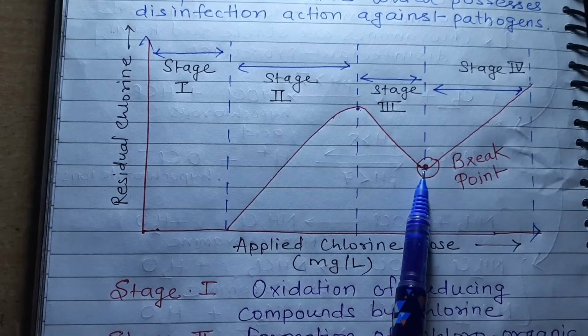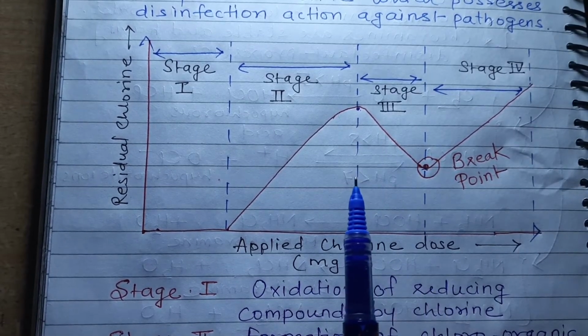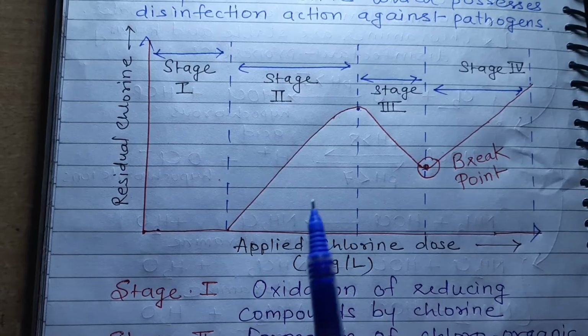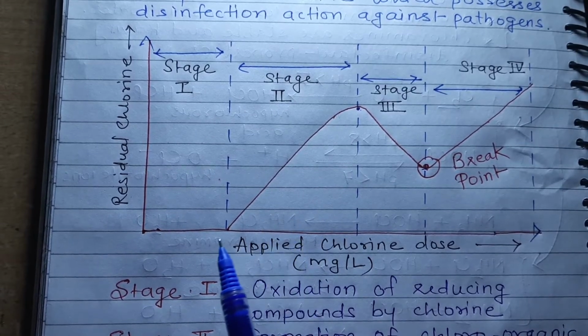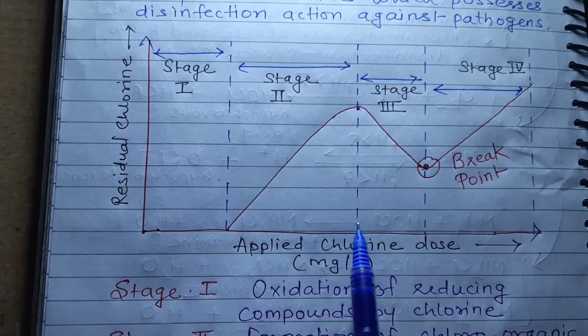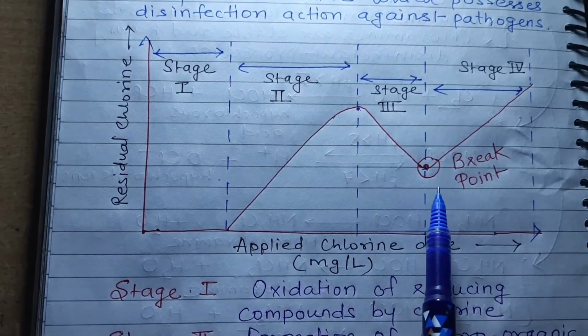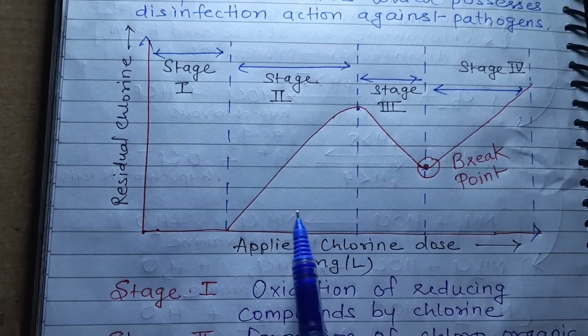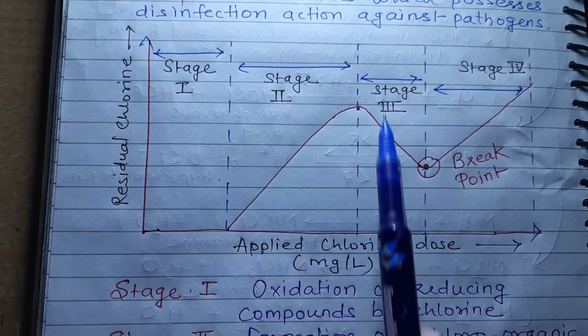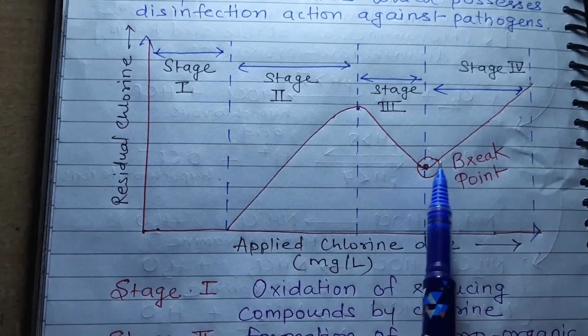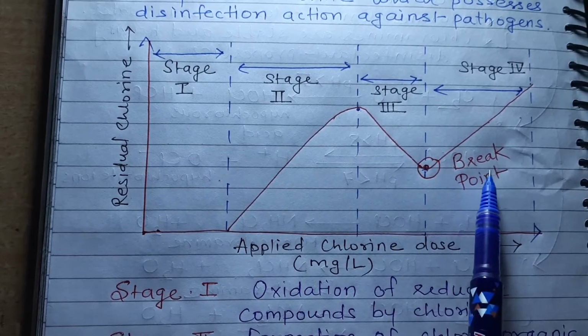That is because now sufficient chlorine is present to oxidize all the reducing compounds, organic impurities and chloramines, and due to the increase in the chlorine concentration, all the impurities present in water are now oxidized. Now it reaches a minima, and this minima is the breakpoint.